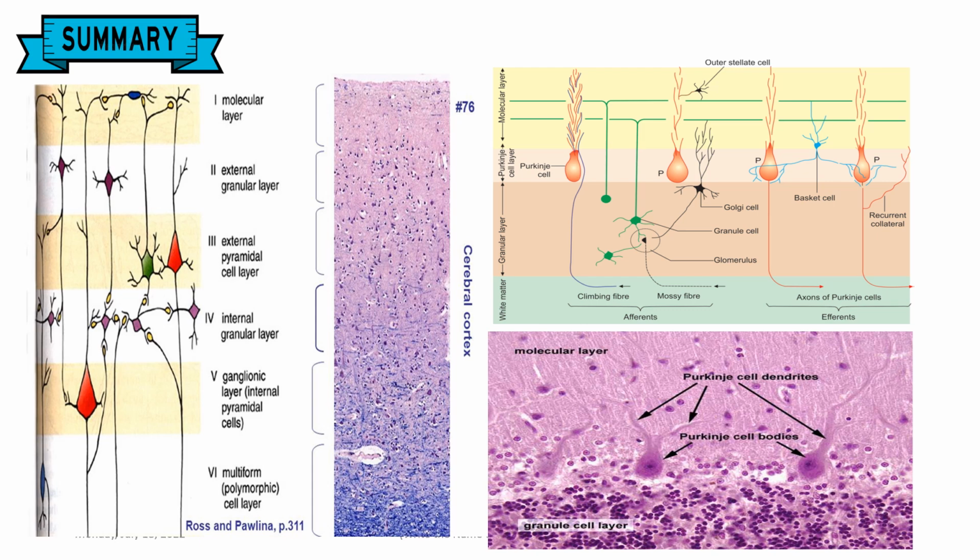The fourth layer was the internal granular layer. The fifth layer was called the internal pyramidal layer. Its other name is ganglionic layer. And the sixth and last layer here is called the multiform cell layer or polymorphic cell layer.